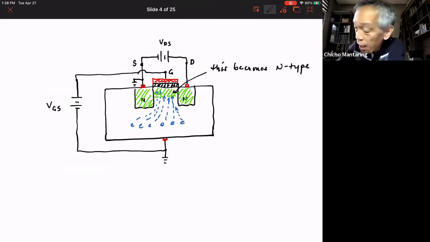When that becomes N-type, current can now flow this way. And you call this now a channel.